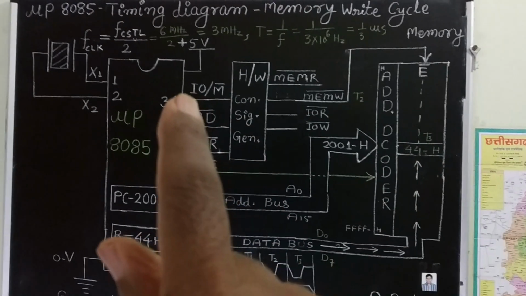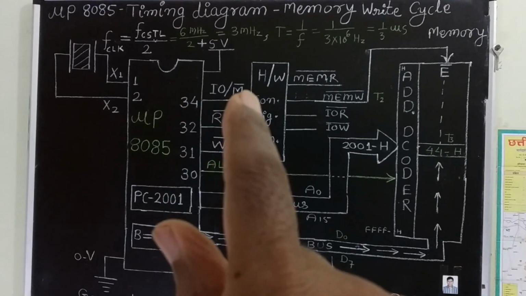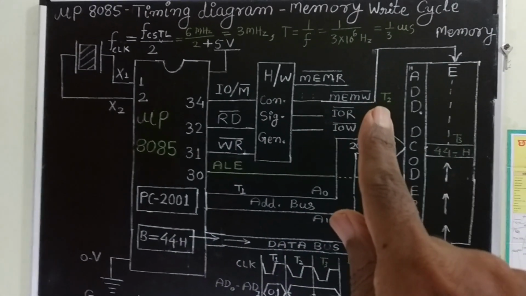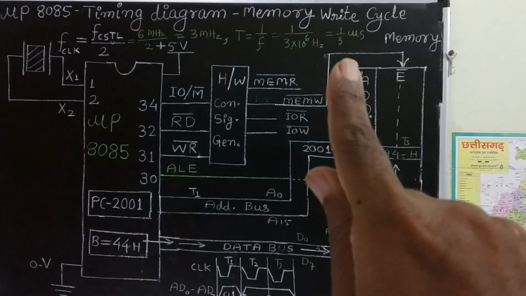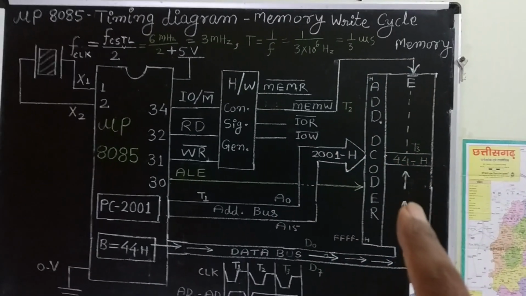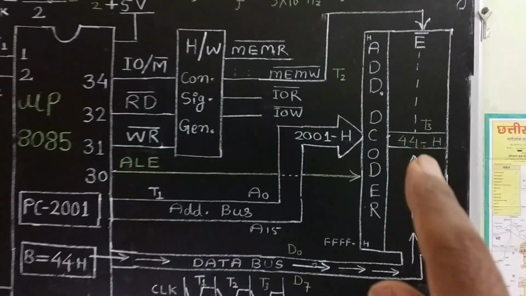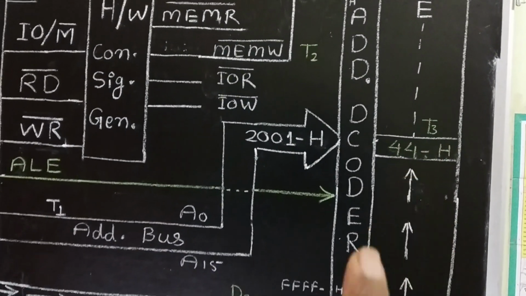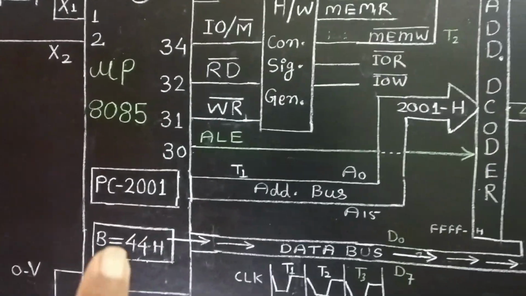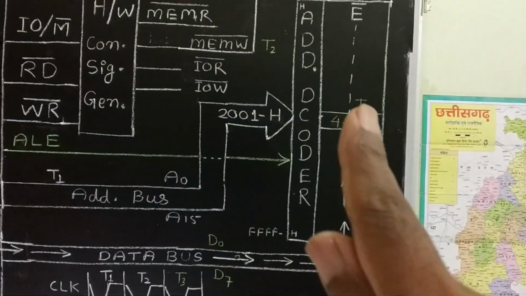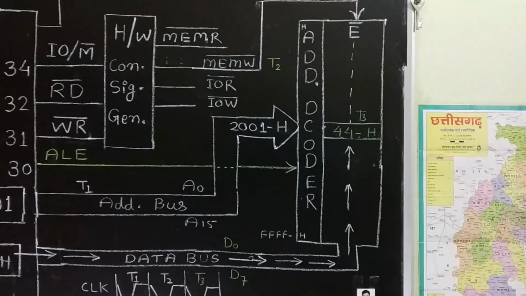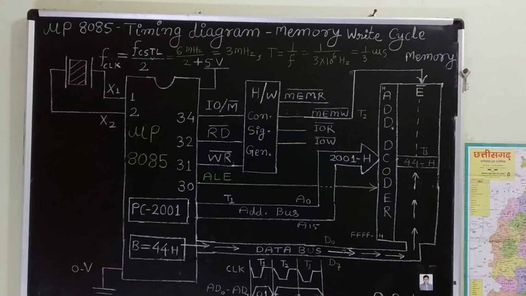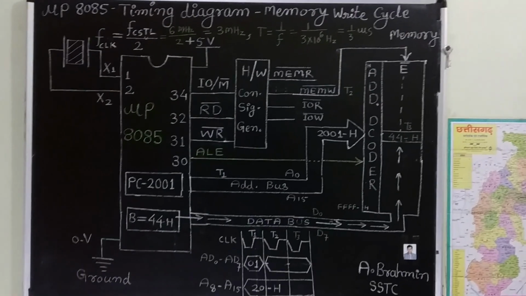During T2, the control signals IO/M bar and write bar are activated, which generate the memory write signal. And then during T3 timing, the content 44H from register B will be transferred to the memory. So in this way, we have explained the memory write cycle.